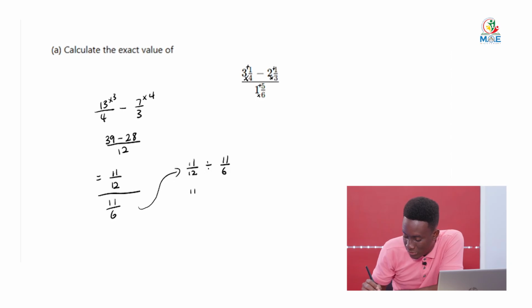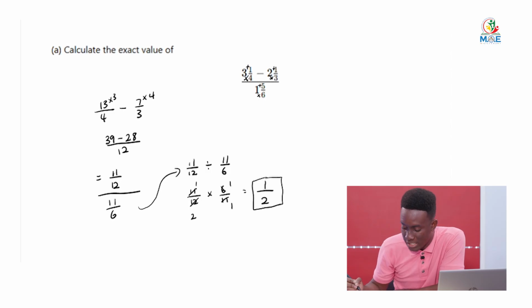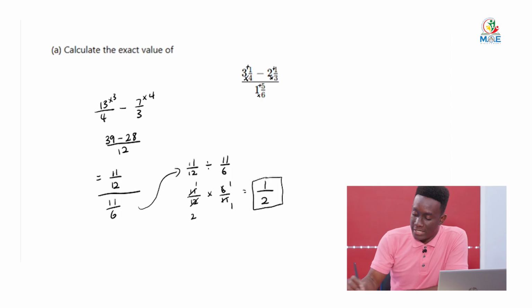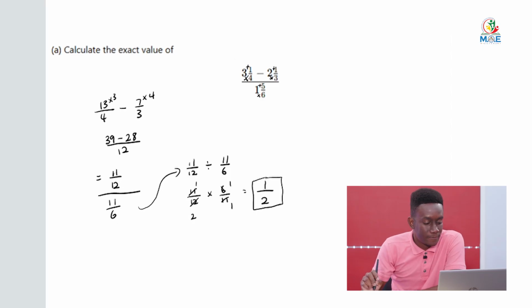So this will be 11 over 12 multiplied by 6 over 11. 11 into 11 is 1, 11 into this is 1. 6 into 6 is 1, 6 into 12 will be 2. So we are left with 1 times 1 is 1, 2 times 1 is 2. So the answer is 1 over 2 as the exact value.